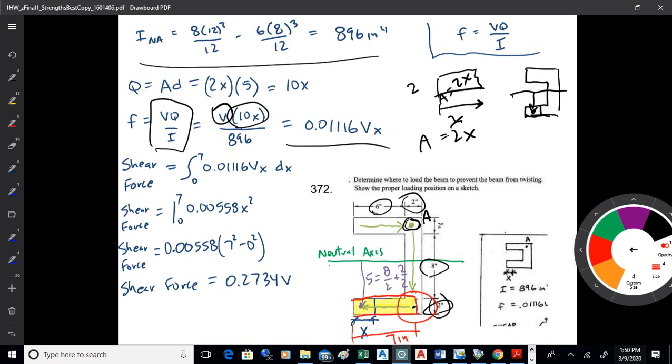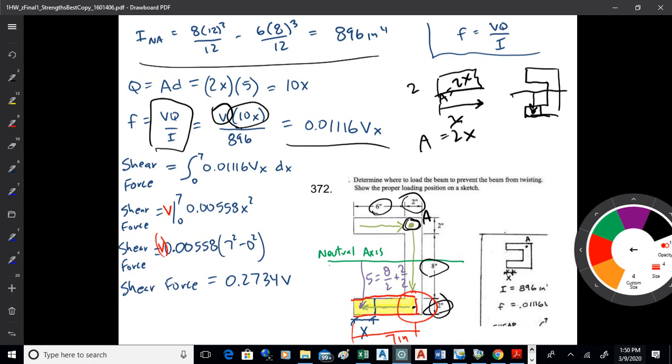So it's 0 to 7, 0.01116 Vx dx. The V is essentially a constant, so it comes out. And it looks like I'm kind of forgetting my V here, so I'm pulling the V out. I think that ought to be there. Because I pull it out of the integral, basically. And I'm left with, when I integrate 0.01116x, I get 0.00558x squared.